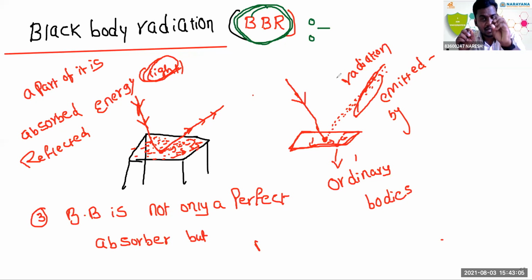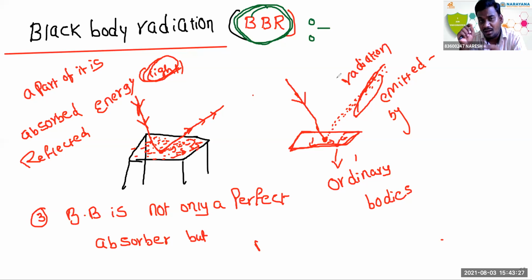Listen carefully. Hardly 5 points are there. The first point is when radiant energy falls on the surface of a body, a part of it is reflected, a part is absorbed, and the remaining part of the radiation is transmitted.